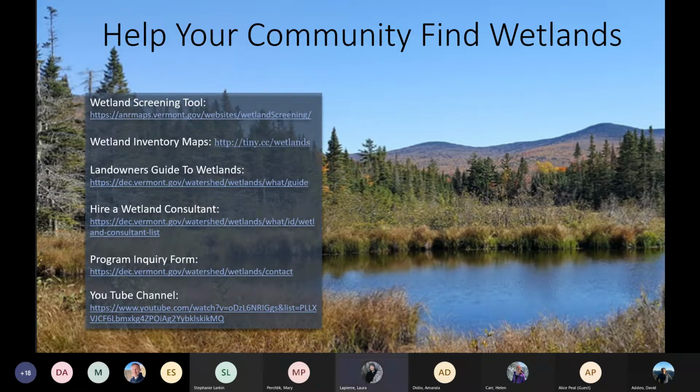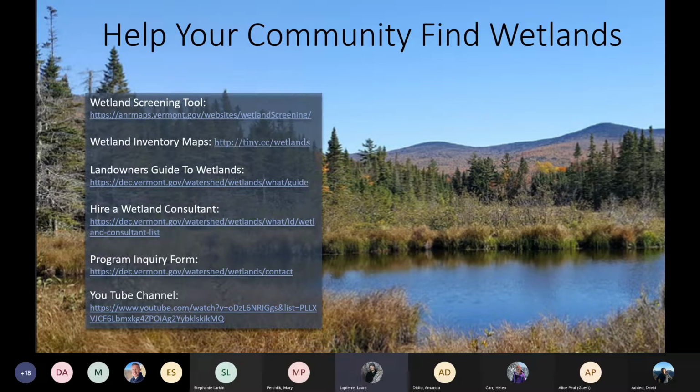Okay, so just spreading the word that not all wetlands are mapped and that wetlands need to be searched for on sites where construction projects are designated is really helpful. So if you're having conversations with folks who are looking to build on a new parcel, it may feel kind of forward to ask, hey, have you thought about whether there's wetlands on that site?